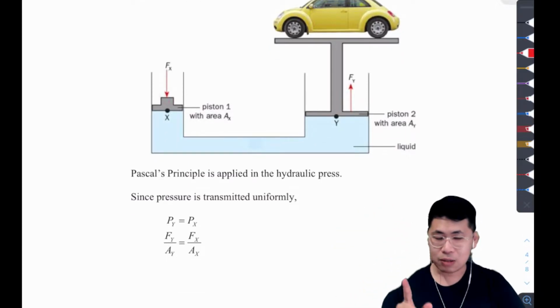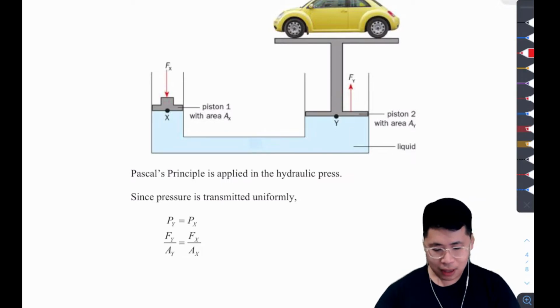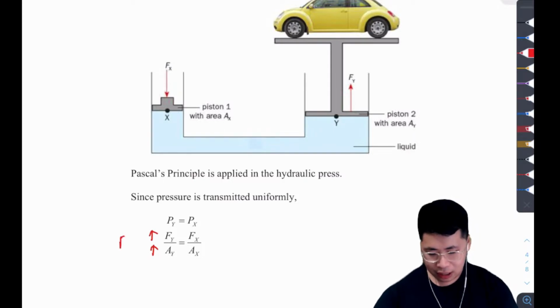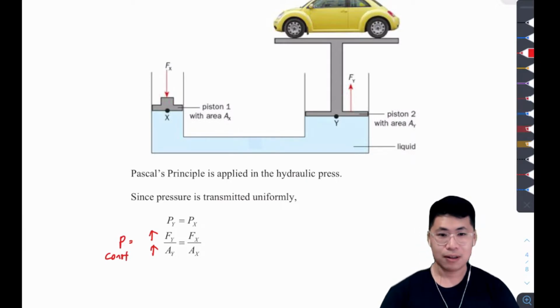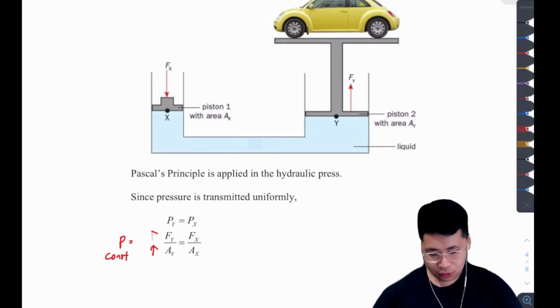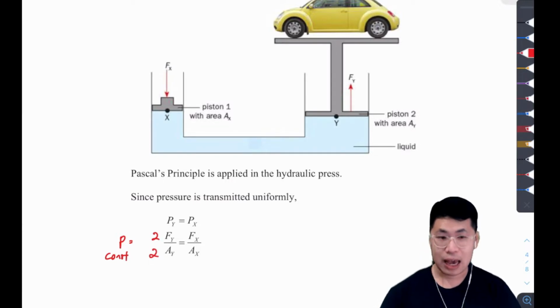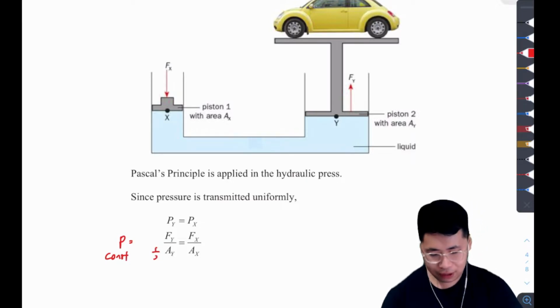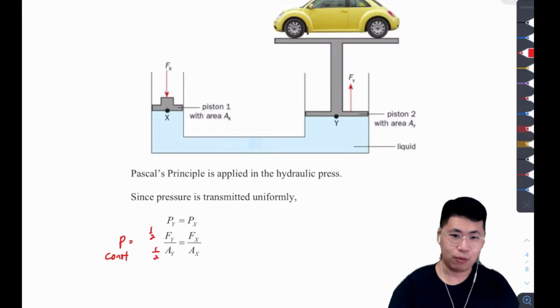So because the pressure is constant, if your area is larger, the force that you will get is larger in order to maintain a constant pressure. So let's say if you double your area, you're going to get double the force at y. If you get half the area at y, you're going to get half the force at y.